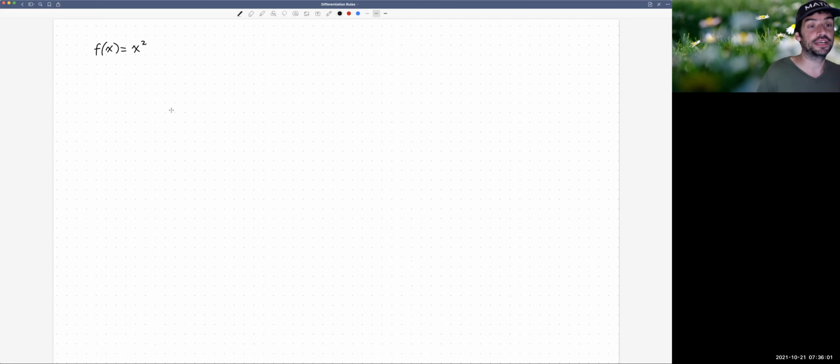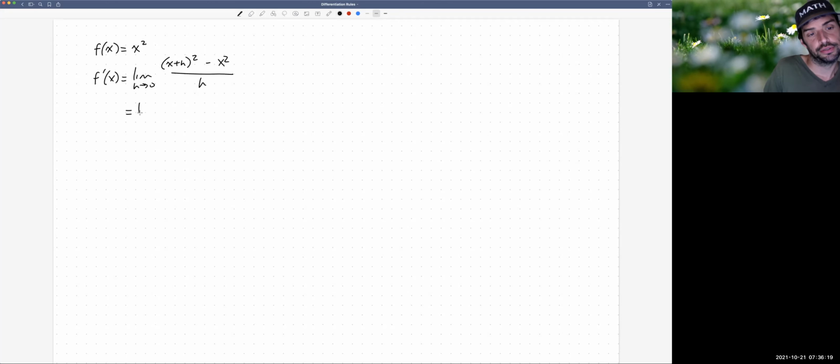If f of x is equal to x squared, f prime of x is equal to the limit as h goes to 0 of x plus h squared, so this is f of x plus h, minus f of x, over h. So now we've got x squared plus 2xh plus h squared minus x squared all over h.